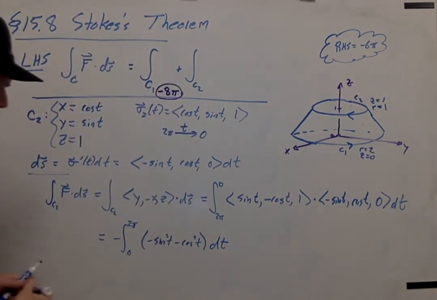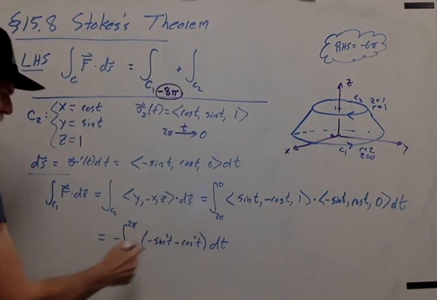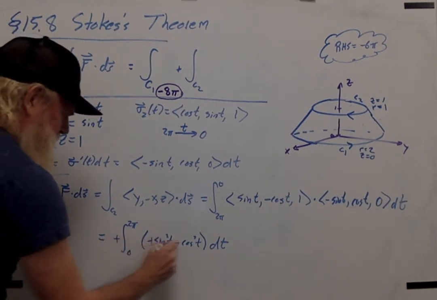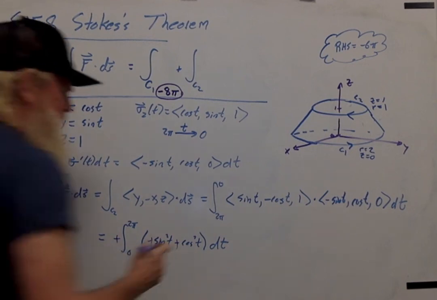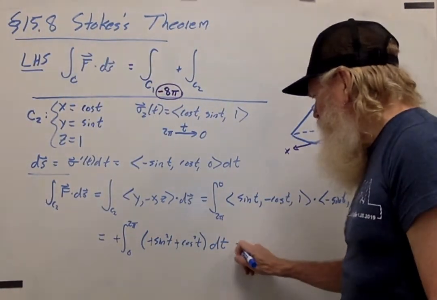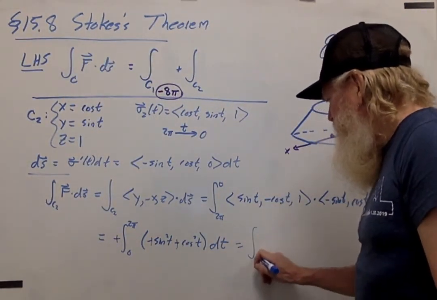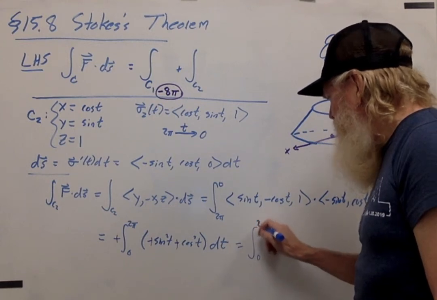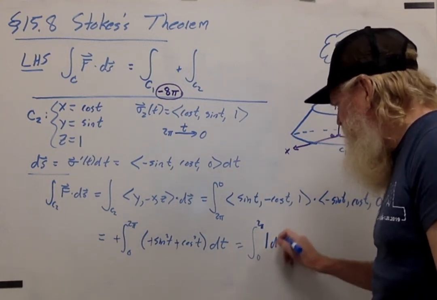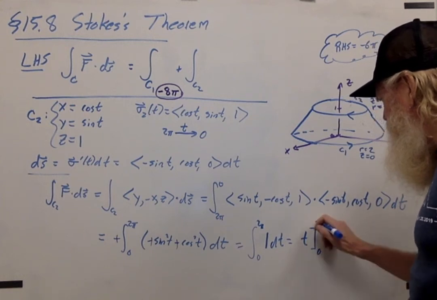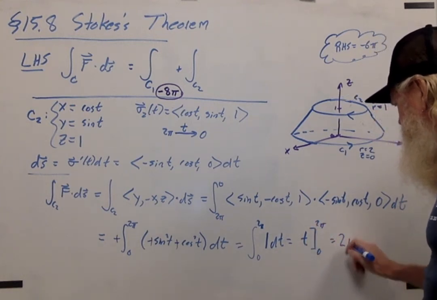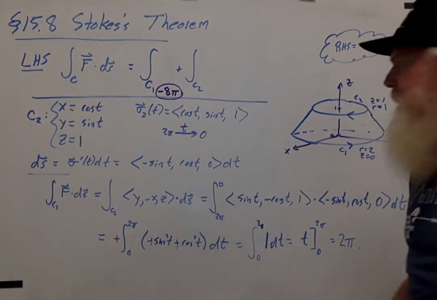Now here, if I want, I can distribute the minus sign into the integral. So that inside I have sine squared t plus cosine squared t, which is 1. And the integral from 0 to 2 pi of 1 dt will be t taken from 0 to 2 pi, which is 2 pi.